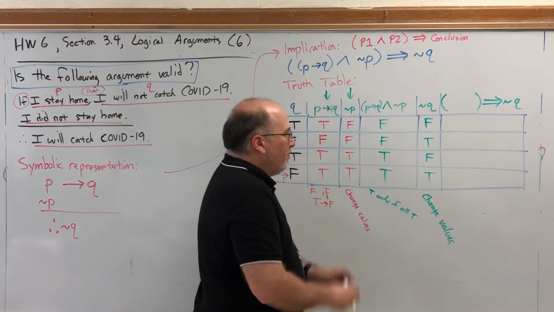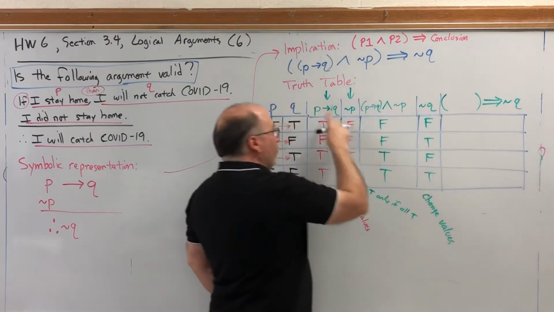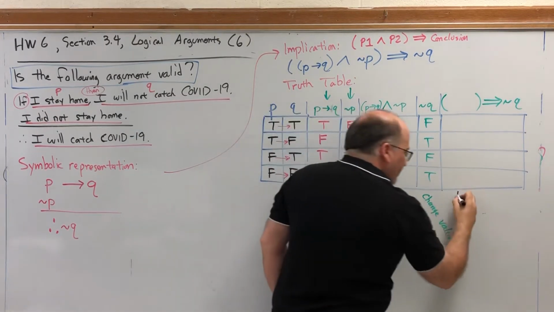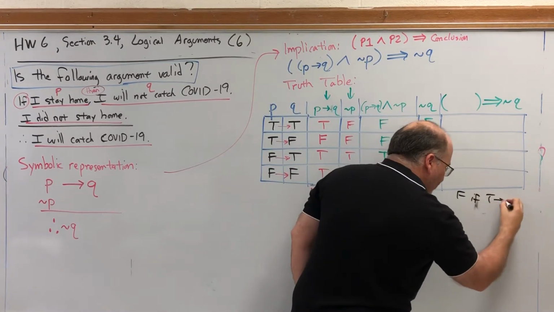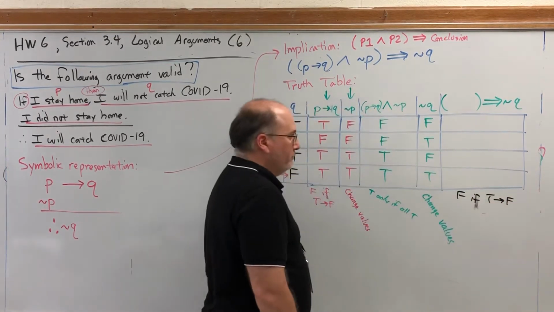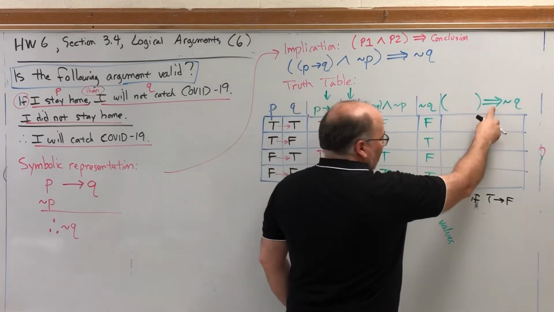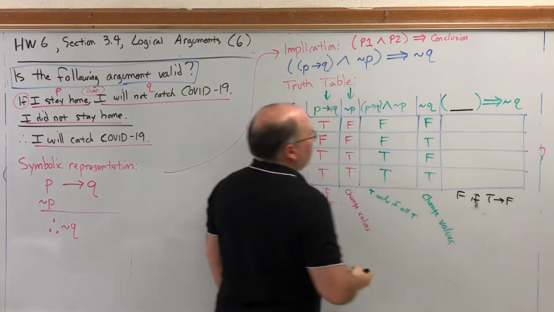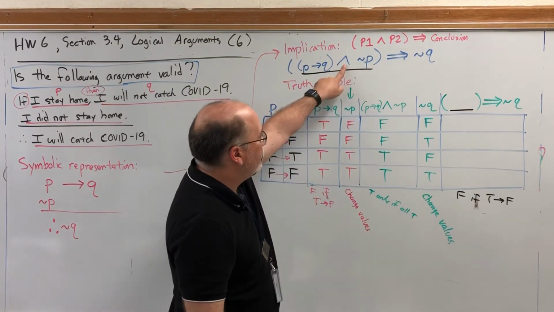All right, time for the implication. Just the fancy conditional. So it's the same rule as over here. False if T points to F. So which columns am I looking at? On the left side of the conditional was the giant parentheses. The content of the giant parentheses was this conjunction.